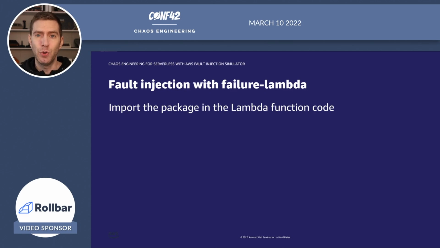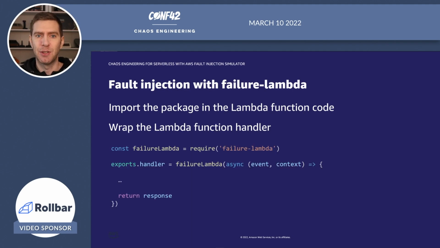What you do is basically you install the npm package, then you import it in the Lambda function, and you wrap the Lambda function handler. So like this, we import Failure Lambda, and then we wrap our handler with Failure Lambda. Then we're good to go to add fault injection to our Lambda function.